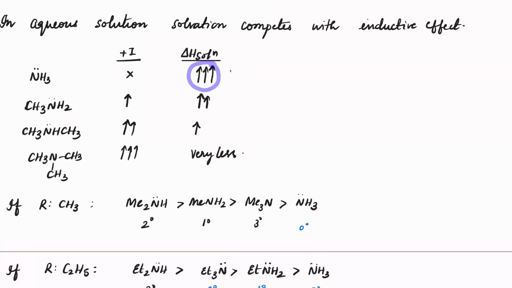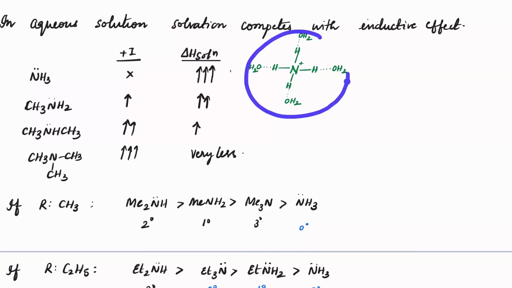After taking H plus, it will become like this, with a plus charge, and on this side, this side, this side, and this side, we will have interaction with water, OH2, like this. Clear? So this is how you'll have strong solvation. This is called solvation. Got it?